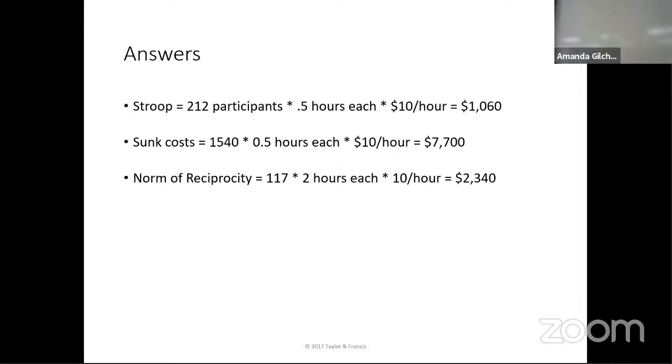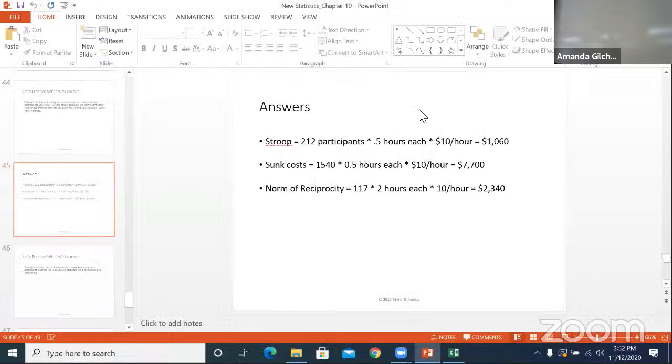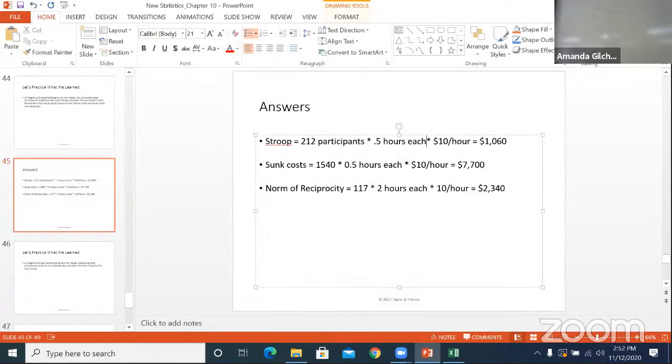That math should actually be 212 times 10, 2120. So that math is incorrect. So let me fix it right now because it's going to bug me if I don't. 2120. Okay, and save it so it never happens again.